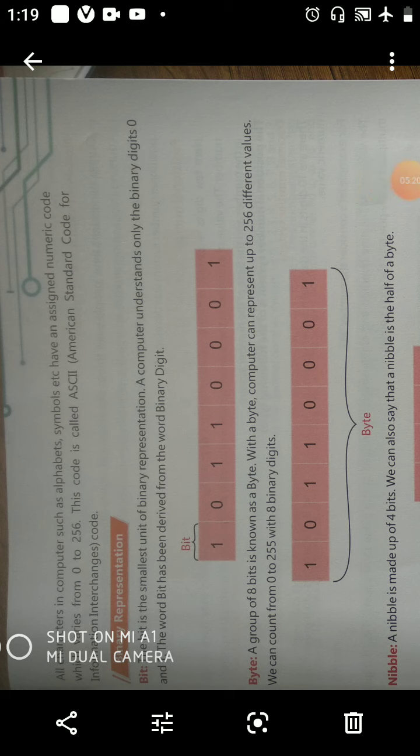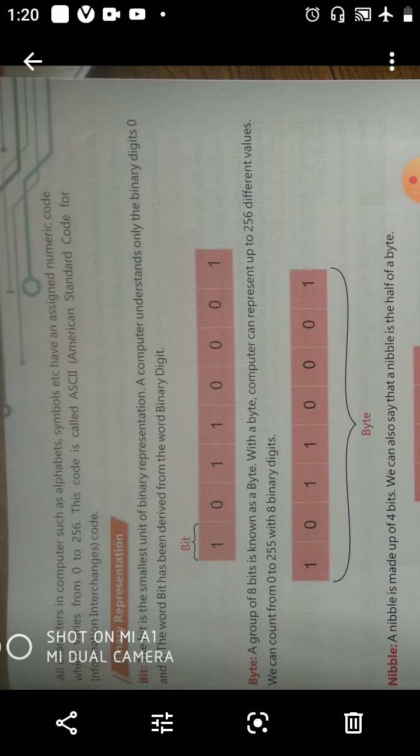All the characters in computers, such as alphabets, symbols, etc., have an assigned numeric code which varies from 0 to 256. This code is called ASCII, that is American Standard Code for Information Interchange. Now see, what we have discussed till now is that computers store whatever data we give to it in our language in the form of binary language.